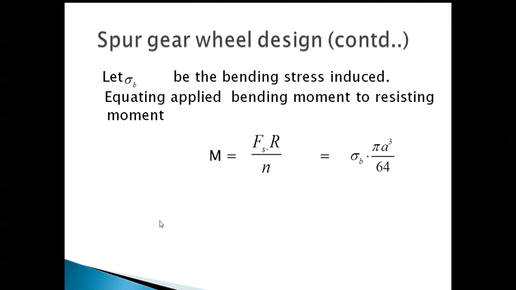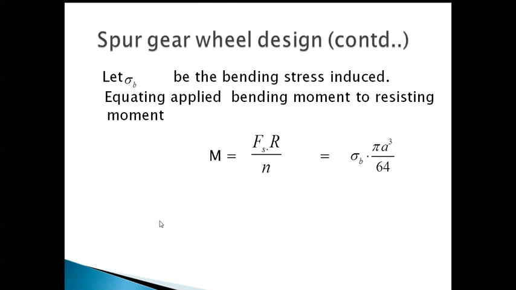So already we found the section modulus for the elliptical section as pi a cube by 64. So then M equal to sigma B into pi a cube by 64 is the resisting moment that acts when there is an applied bending moment of Fs into R by N. So when you equate both the applied bending moment and resisting bending moment, we'll get the a value.